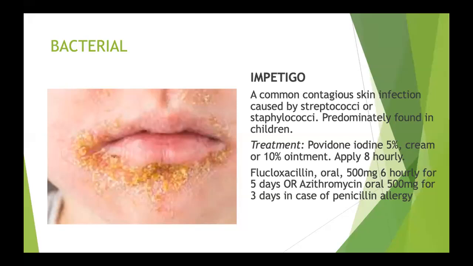The management would be povidone iodine 5% cream or 10% ointment, applied 8 hourly. Flucloxacillin oral 500 milligrams 6 hourly for 5 days, or we can use azithromycin orally 500 milligrams for 3 days in case of penicillin allergy.